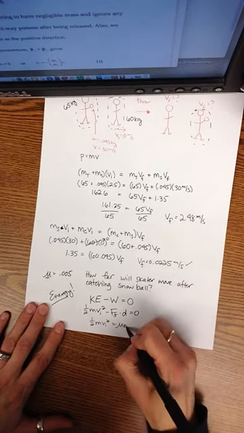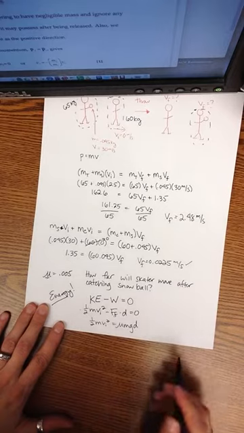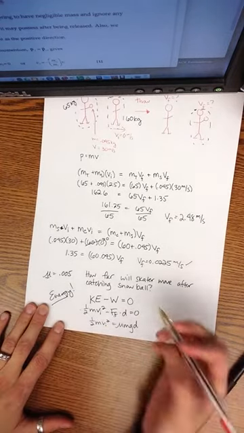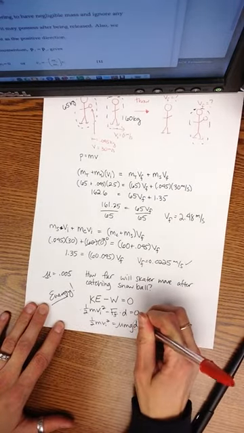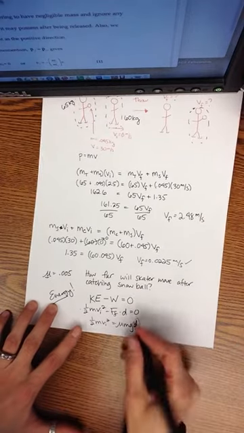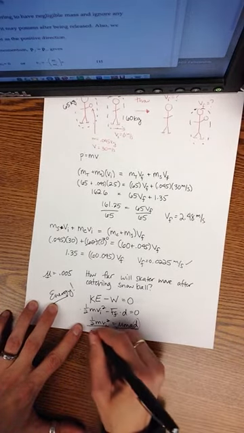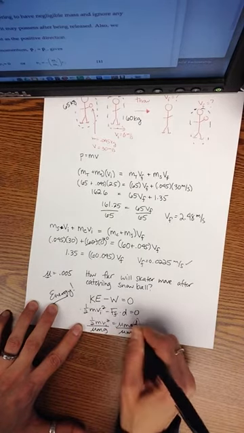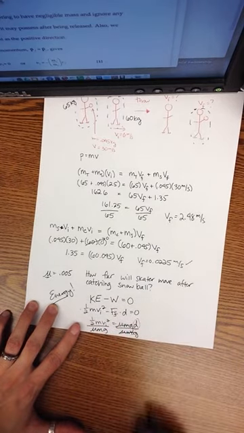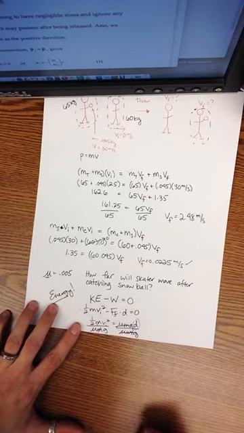So this is mu mgd, and I want to solve for d. I want to know how far they're going to go. So I'm going to divide by mu mg. And if I divide by mu mg, what magical thing happens with the m's? They divide out and I don't need them.